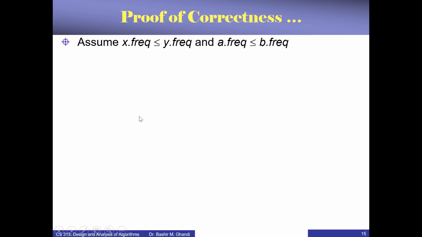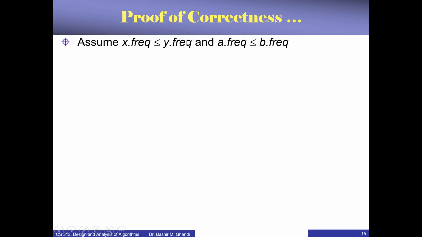First of all, we're going to make some assumption which will not create any problem with the theory or with the lemma. Without loss of generality, we're going to assume that the frequency of x is less than or equal to the frequency of y, and that the frequency of A is less than or equal to the frequency of B. If you swap, the algorithm will still work, but just to make things easier, without losing generality, we're going to assume this.